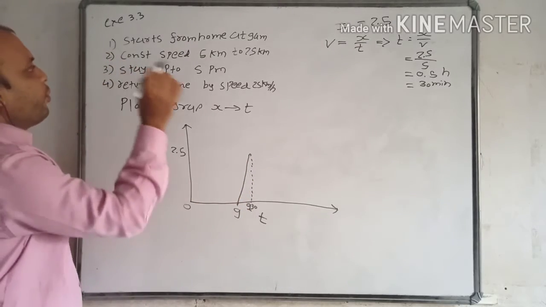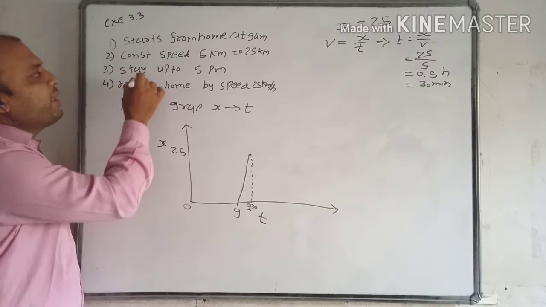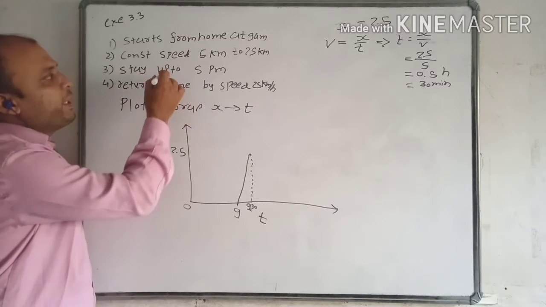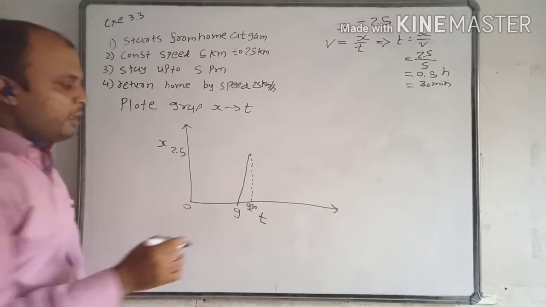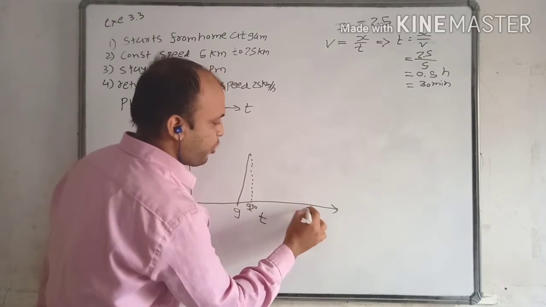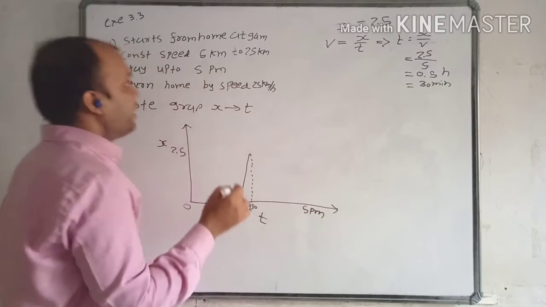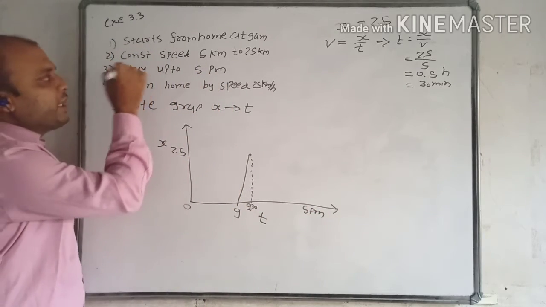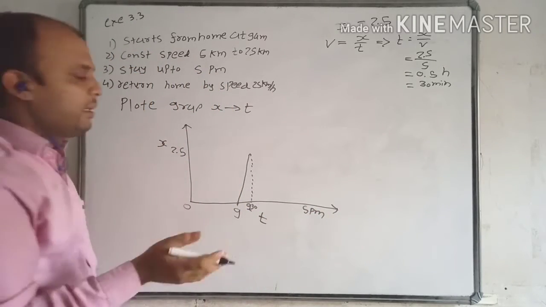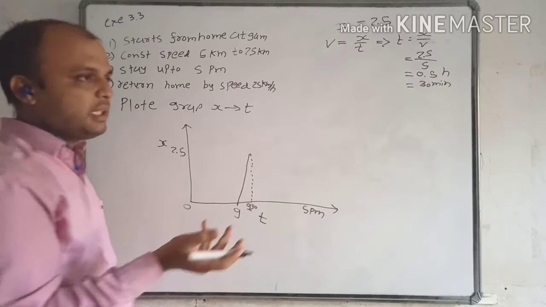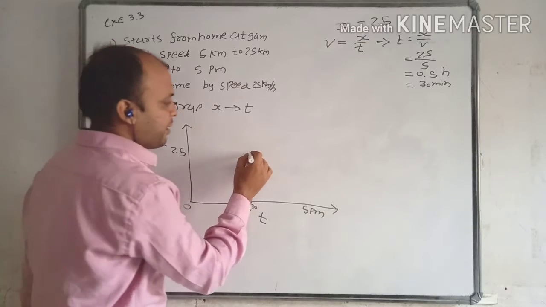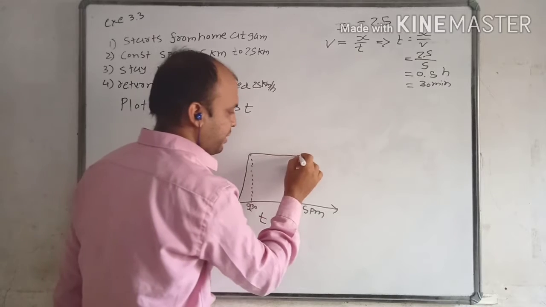Now in the third condition, the woman stays at her office up to 5 p.m. So take 5 p.m. on the x-axis, and they say the woman stays there. That means her position does not change, so the graph remains flat.